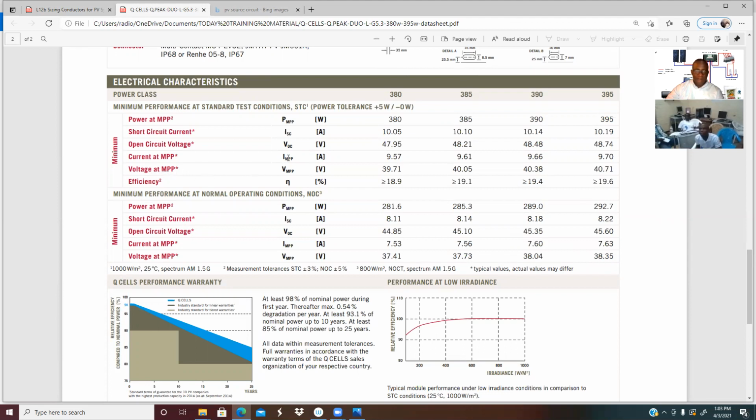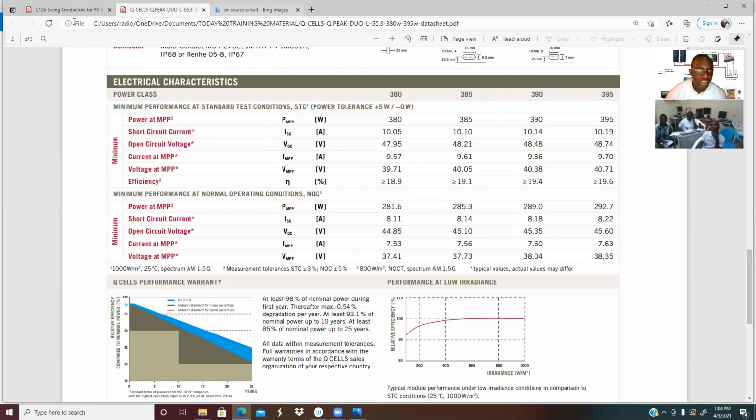Imp is the current at MPP, which is 9.57 for the 380 watts.